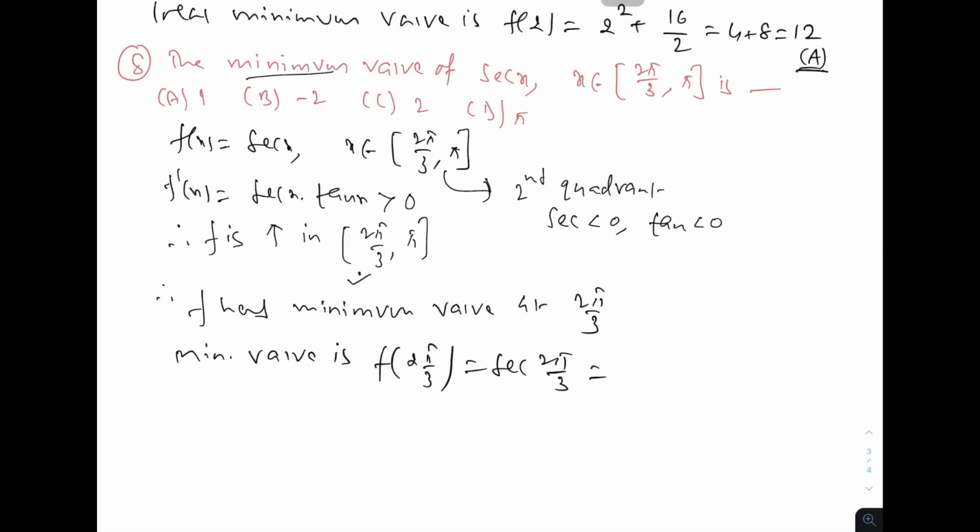And sec 2 pi by 3 is sec of pi minus pi by 3, which is minus sec pi by 3, which is minus 1 over 1 by 2, because sec is 1 over cosine, so it is minus 2. So the answer is minus 2. Option B is there.